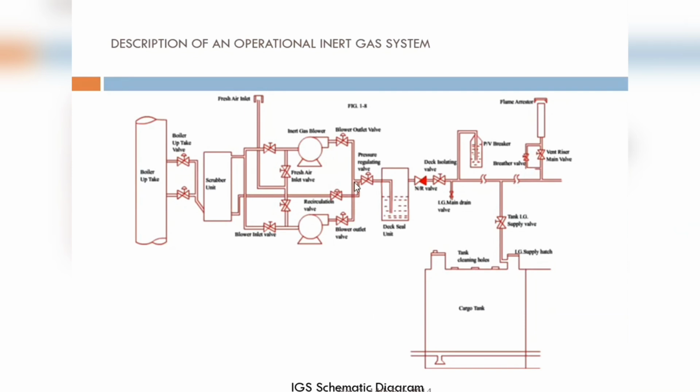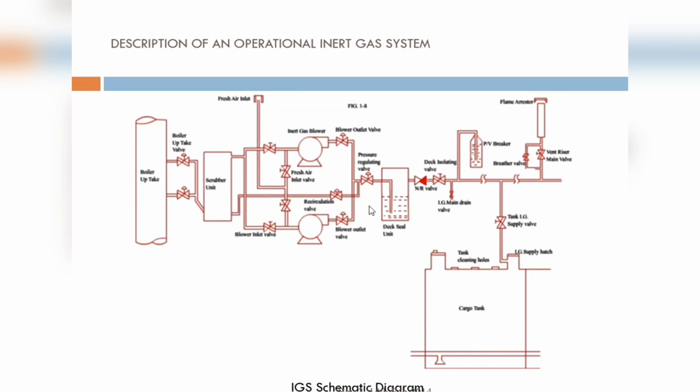In case the oxygen percentage is quite high, this regulating valve does not allow the gases to go to the cargo tank, and instead it starts recirculating these gases till the assigned oxygen percentage is achieved. Then only this regulating valve starts opening and allowing these inert gases to go to the cargo tank.